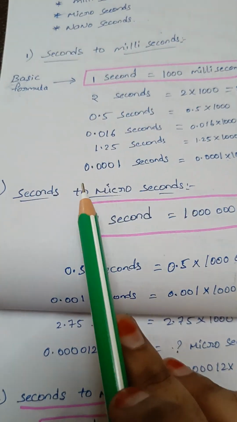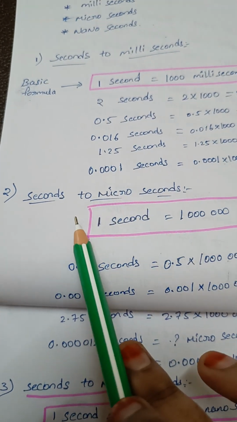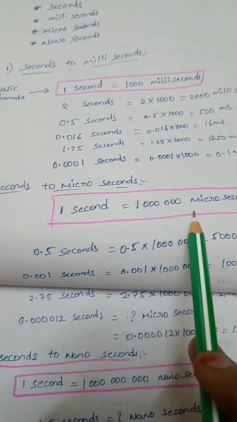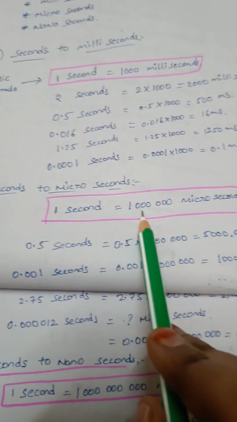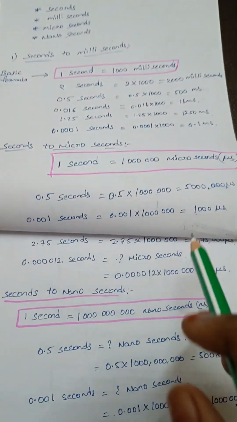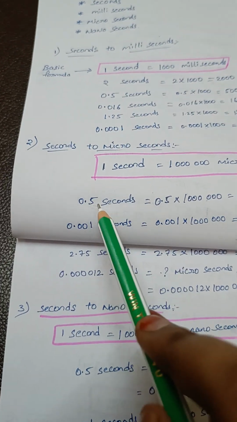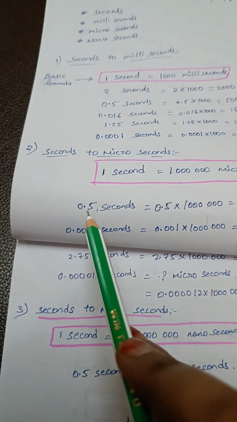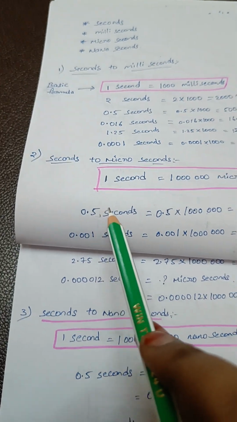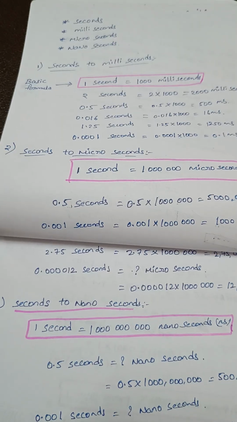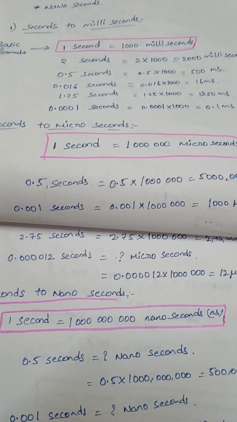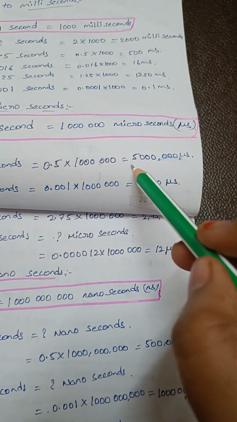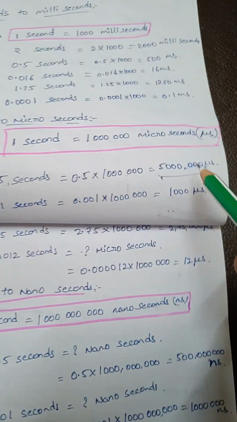If you want to convert seconds to microseconds, 1 second equals 10 to the power 6 microseconds. We will take one example: 0.5 seconds means 0.5 into 10 to the power 6, then we will get the microsecond value.